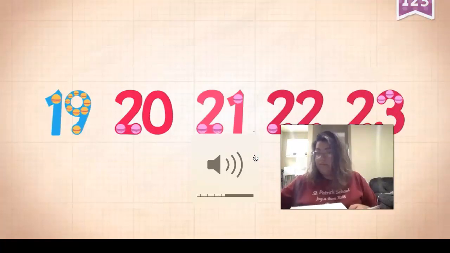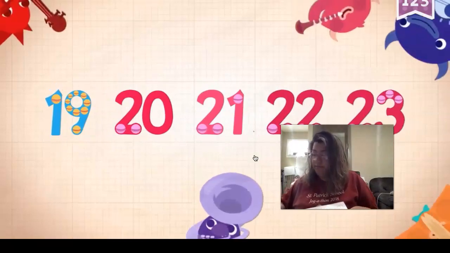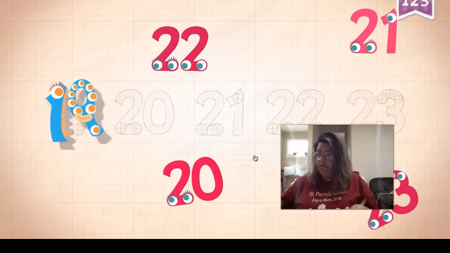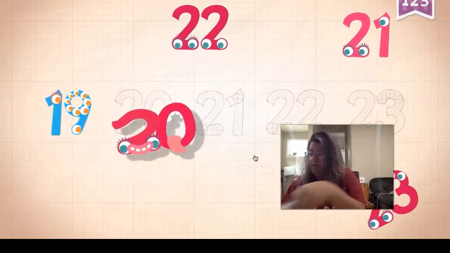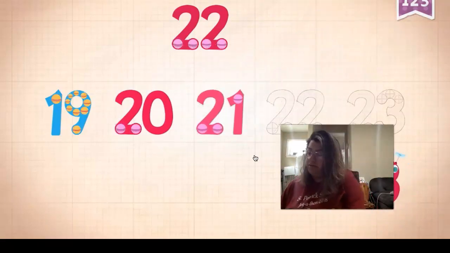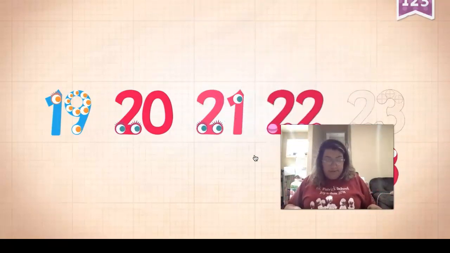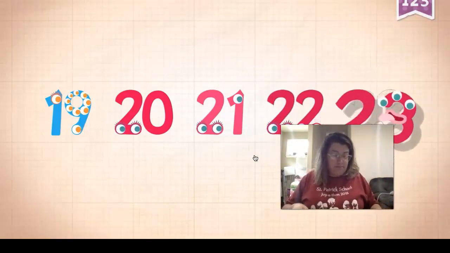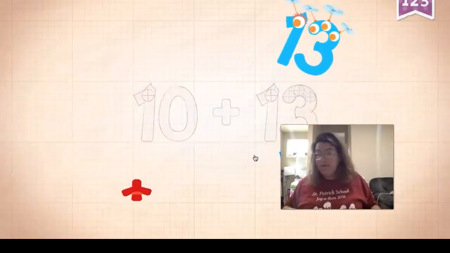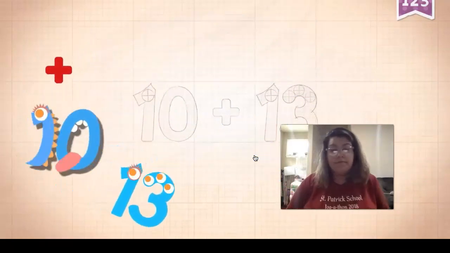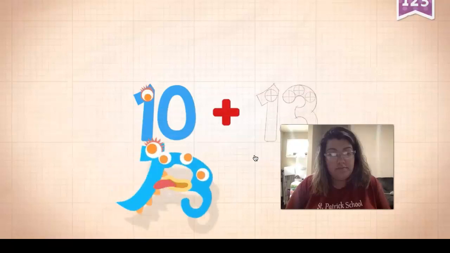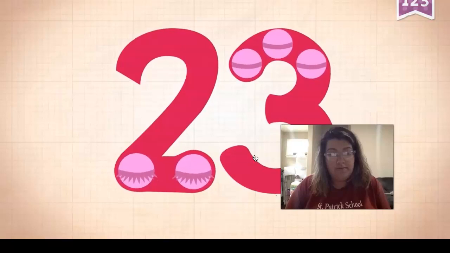Count by ones, starting at 19: 19, 20, 21, 22, 23. 10 plus 13 equals 23.